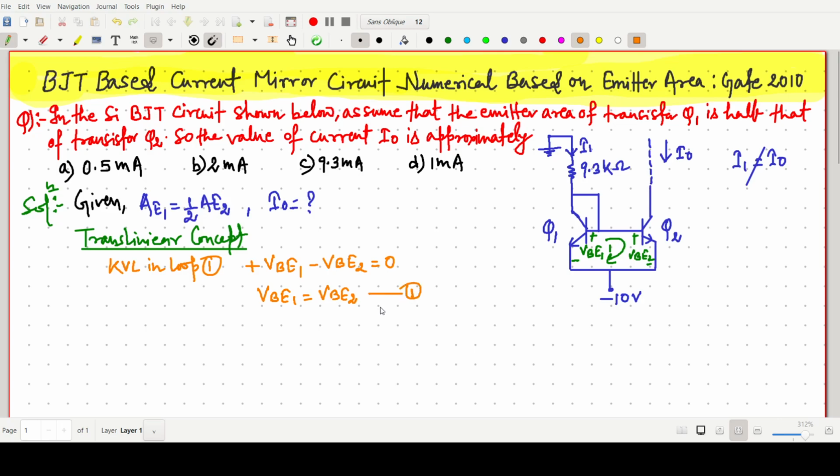Now we are very familiar with a well-known formula for the collector current: IC equals IS exp(VBE by VT). Here this is the collector, this is the base, and this end is the emitter. So IC equals the saturation current times exp(VBE by VT).